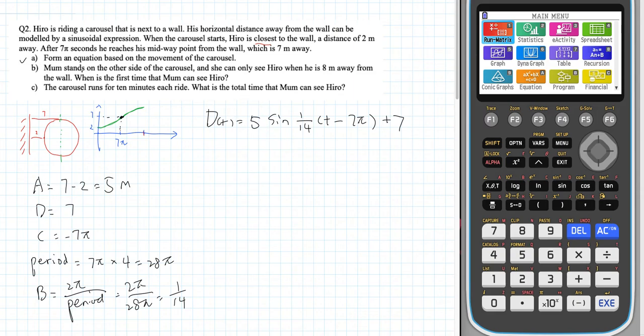Number 2, Mom actually stands on the other side of the carousel, and she can only see Hiro when he is 8 meters away from the wall.